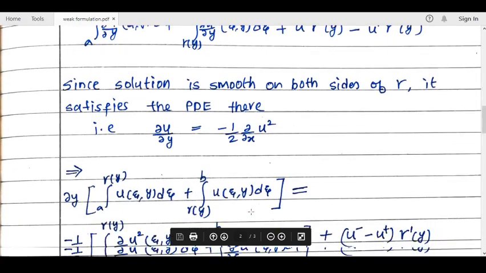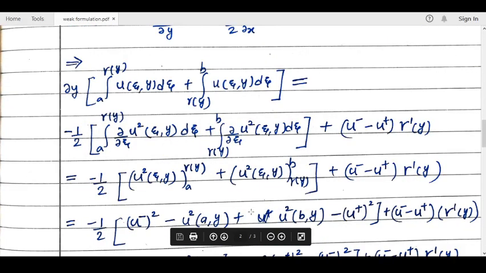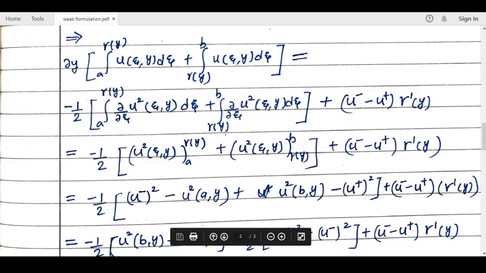When it goes inside, we have used the variable theta. So dou by dou theta of u square of theta, y d theta, plus the remaining term u minus minus u plus, whole into gamma dash of y.